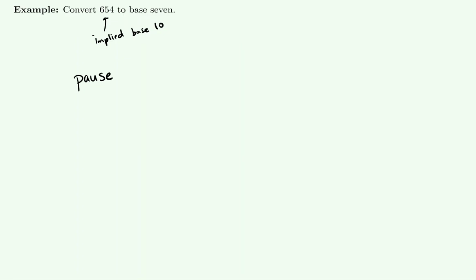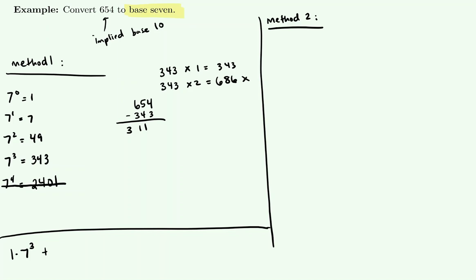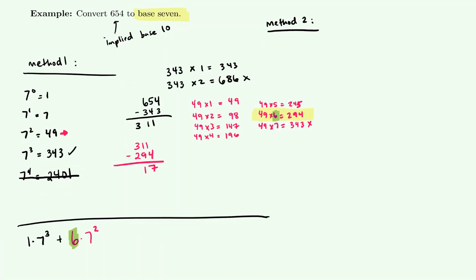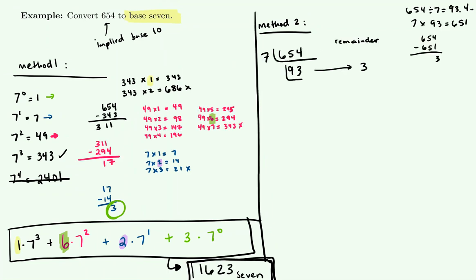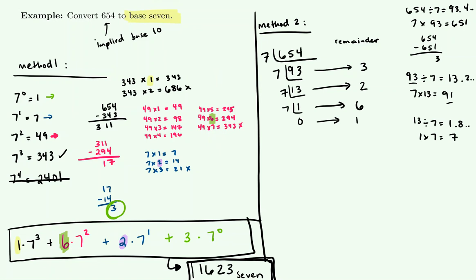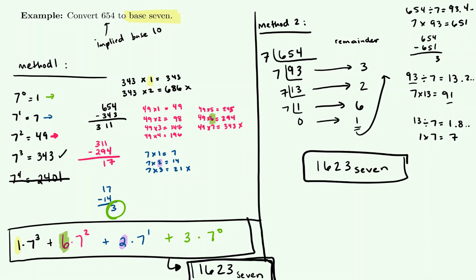Unpause and you'll see the solution for both on the screen, and then just check the work for whichever method you prefer. So either through method 1 or method 2, you would get the same answer.